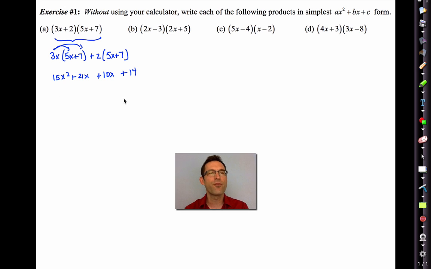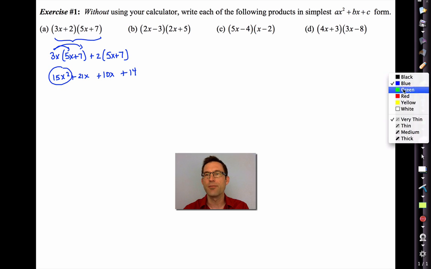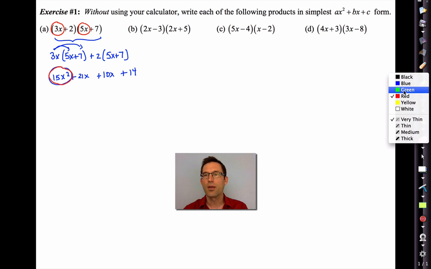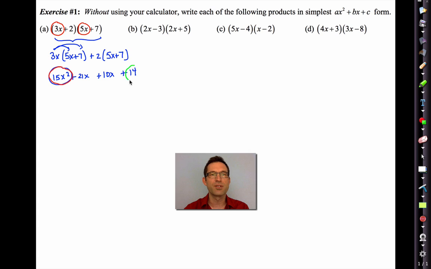Now notice we've got four terms here, and before we move on, let's talk about those a little bit. Where did the 15x squared come from? The 15x squared specifically came from multiplying 3x by 5x. Now that's very important. On the other hand, the 14 specifically came from multiplying the 2 and the 7.